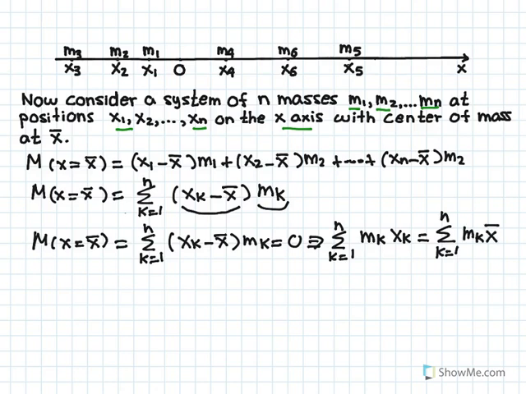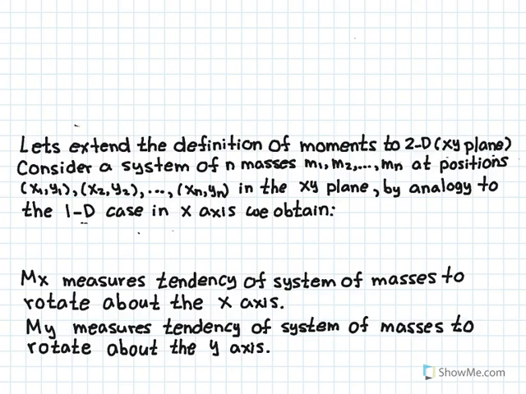All right, so what we obtain is the summation k goes from 1 to n of x bar mk is equal to the summation k equals 1 to n of mk xk. Now, k is a subscript variable. X bar is a constant. It can pass right through the summation. So we can solve for x bar.